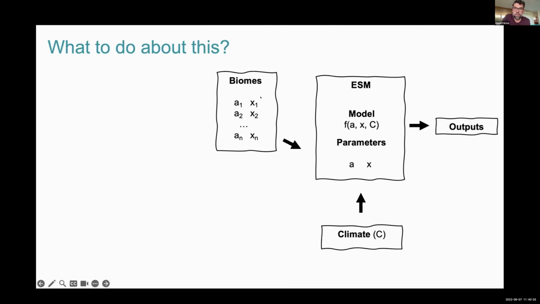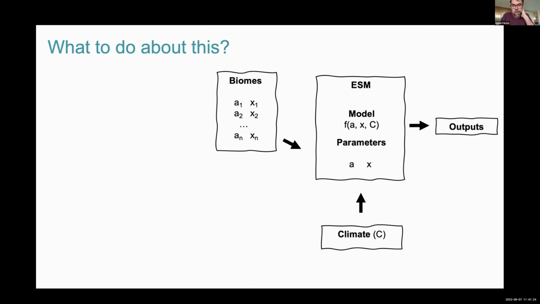One avenue for improving representation would be to make the model more complex, put more dynamics in there, but I appreciate the need to keep the models as light and tight as possible, and that's a very long endeavor that we probably wouldn't want to embark on. Another would be to make many, many more PFT sets, which also introduces complications because these are going to be multiplicative across environmental space and computationally expensive.